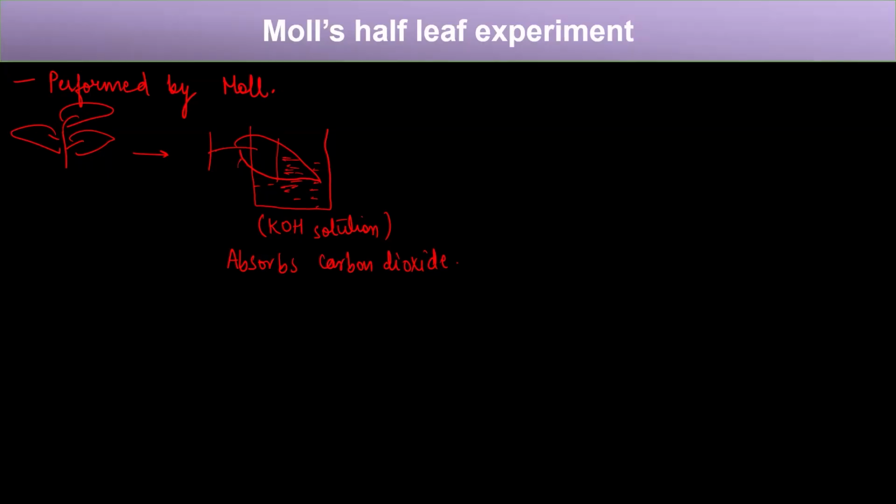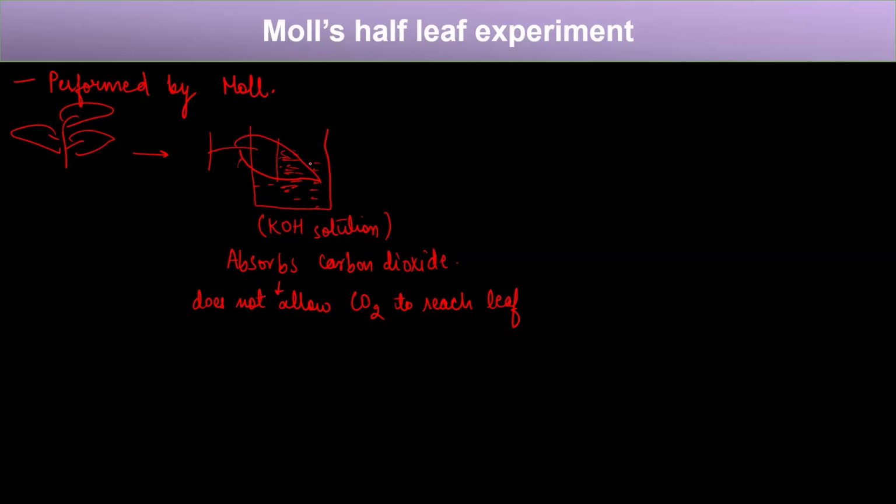KOH does not allow carbon dioxide to reach the leaf, right? So this portion will not be exposed to carbon dioxide.